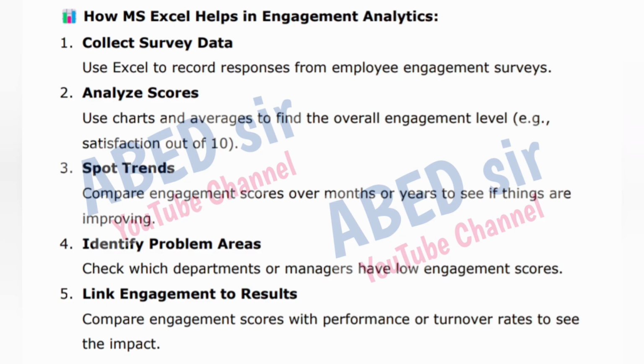Compare engagement scores over months or years to see if things are improving. 4. Identify problem areas. Check which departments or managers have low engagement scores. 5. Link engagement to results. Compare engagement scores with performance or turnover rates to see the impact.